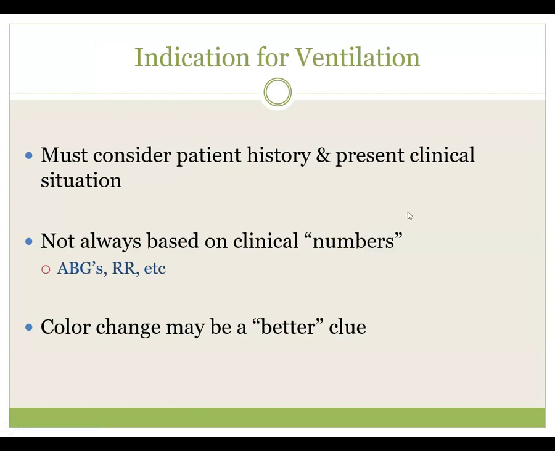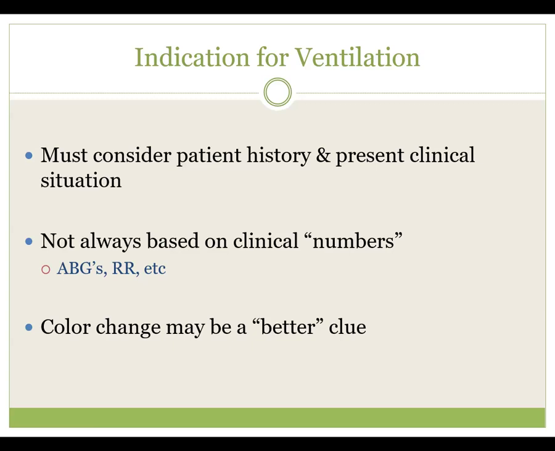Okay, so for our indications for ventilation, you again have to consider patient history and present clinical situation. Babies can tolerate mild hypoxemia and acidosis. That's why we use a PaO2 value of less than 50, and not less than 80.